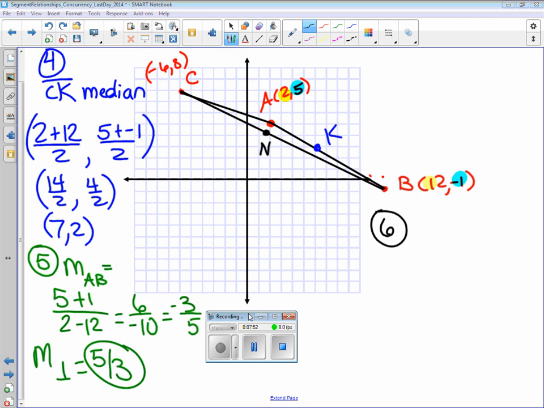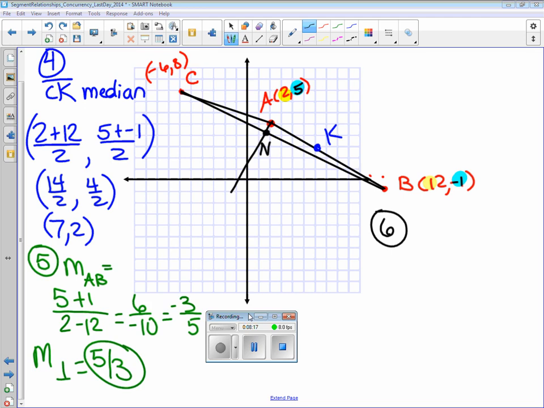So, it says, is NA an altitude of triangle ABC? What do you think? Yes or no? How would I check? Well, if I drew the line, which is fine, how do I know if that's an altitude?